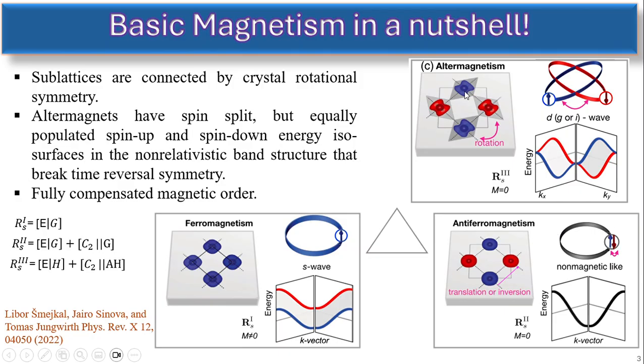On the other hand, in ultramagnet, the two opposite sublattices are connected by rotation symmetry, and the net magnetization is zero. But due to this rotation symmetry, it breaks time reversal symmetry. For that, we can observe spin polarized bands at the high symmetry points, as well as an anisotropic electronic structure in the Fermi surface for g-wave or i-wave natures.